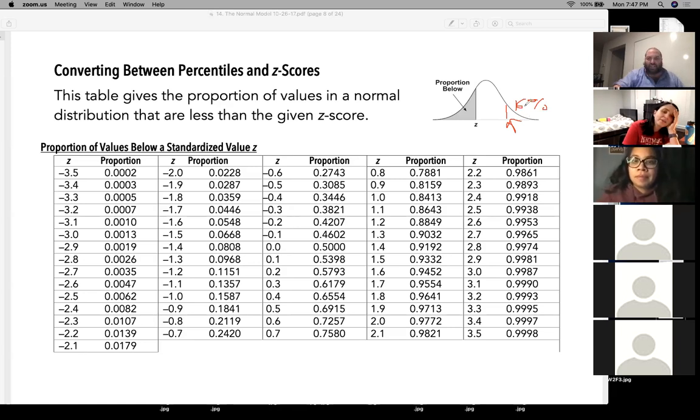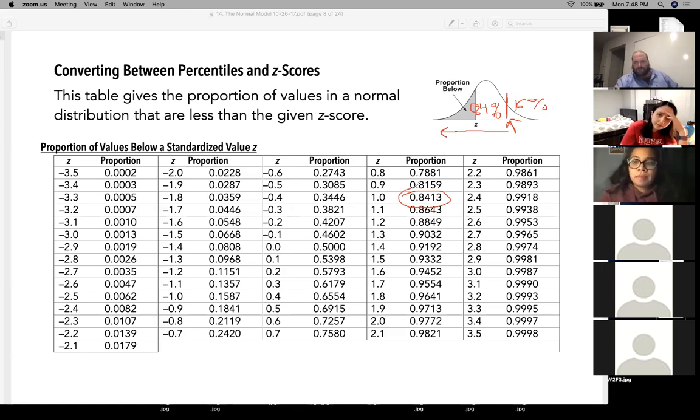No. The 84%. There's 16% to the right, so there's 84% to the left. It's got to add to 100%. All of this area here to the left of this point. If there's 16% to the right, there's got to be 84% to the left. Yes. Well, that means that it's in the 84th percentile.